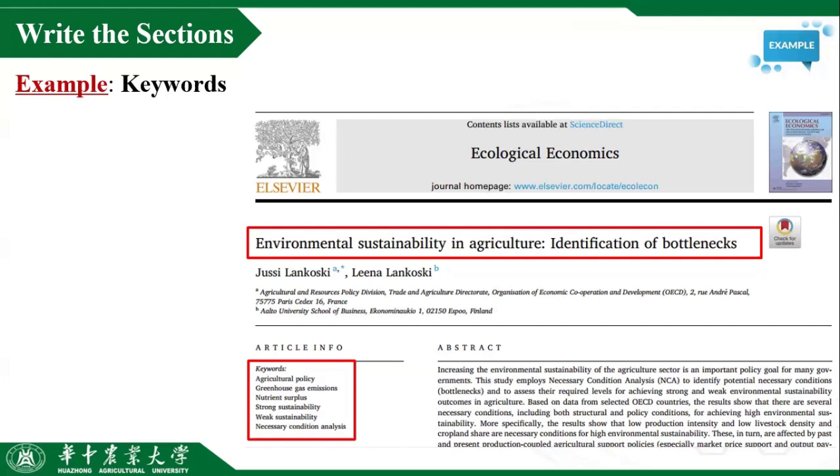They refer to agriculture policy. They refer to weak sustainability as a term, greenhouse gas emissions as a relationship with sustainability, also some analysis they used, and this is a good example of keywords and title.